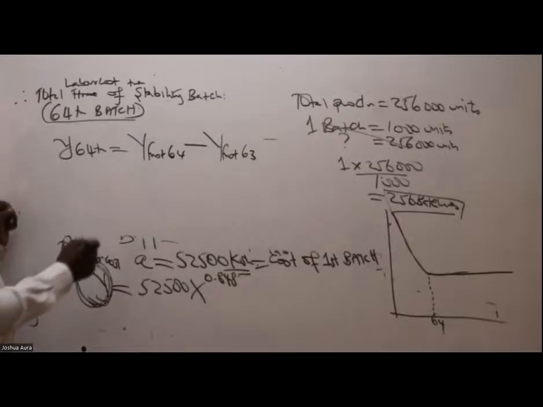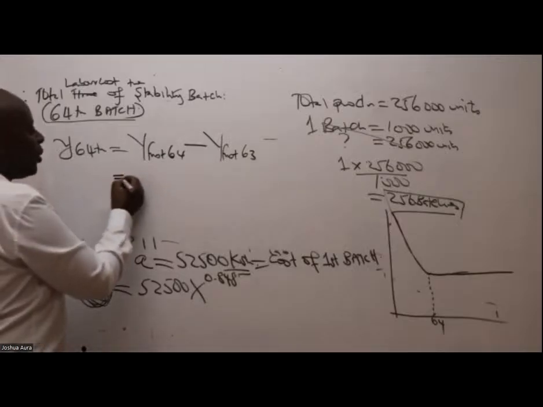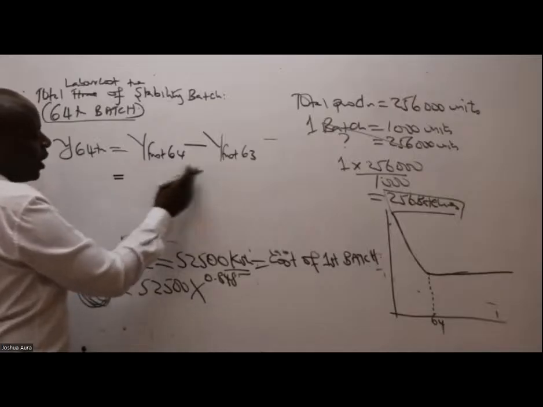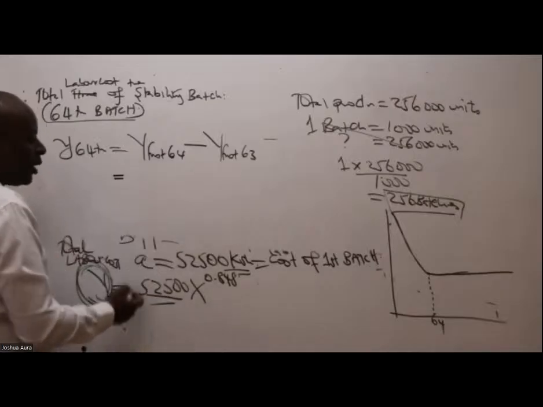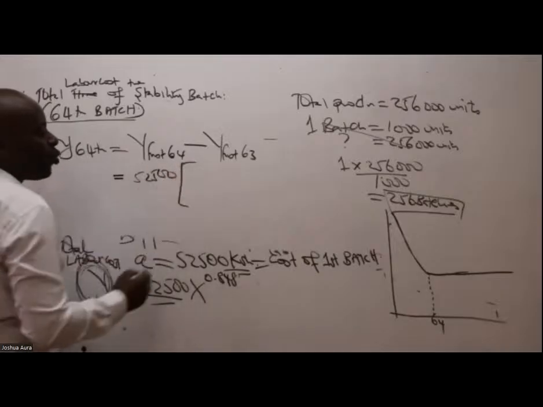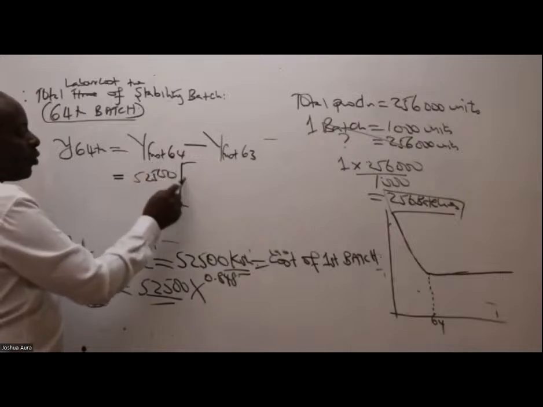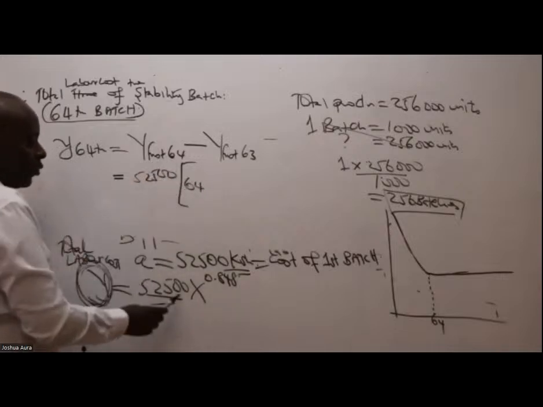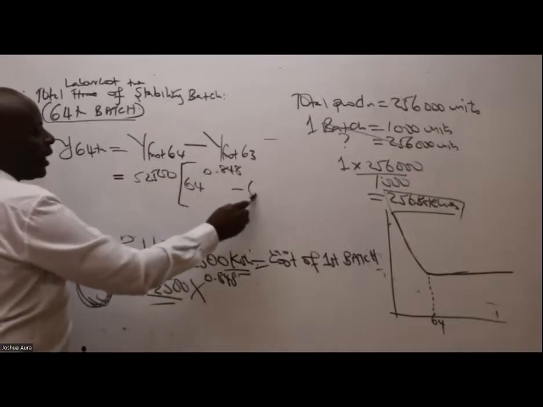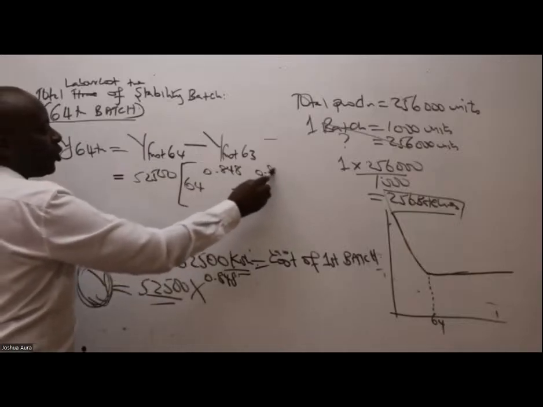Ladies and gentlemen, listen to me very well. In this case, y first 64 minus y first 63, I'll put my a outside. My a is 52,500. That is my a into the first 64. So x is 64 raised to 0.848 minus 63 raised to 0.848.